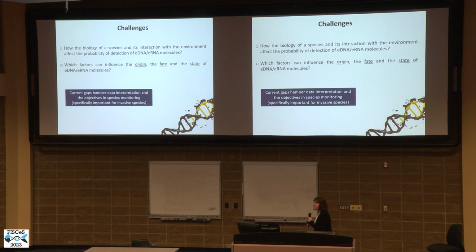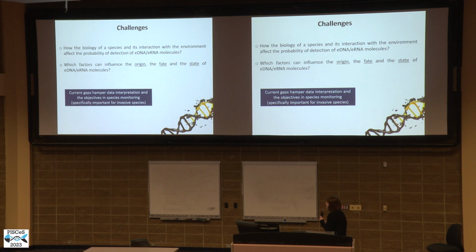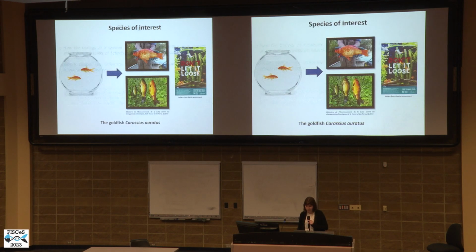As a matter of fact, there is currently a lot of variation in the quality of the data that is reported, and we understand very little about these factors. These gaps could impair data interpretation and the objectives in species monitoring, which is all the more important for invasive species.